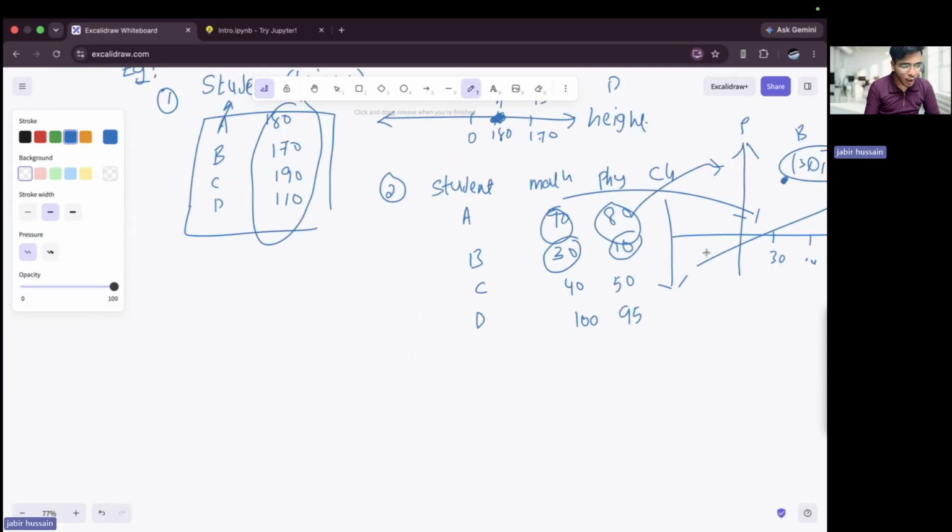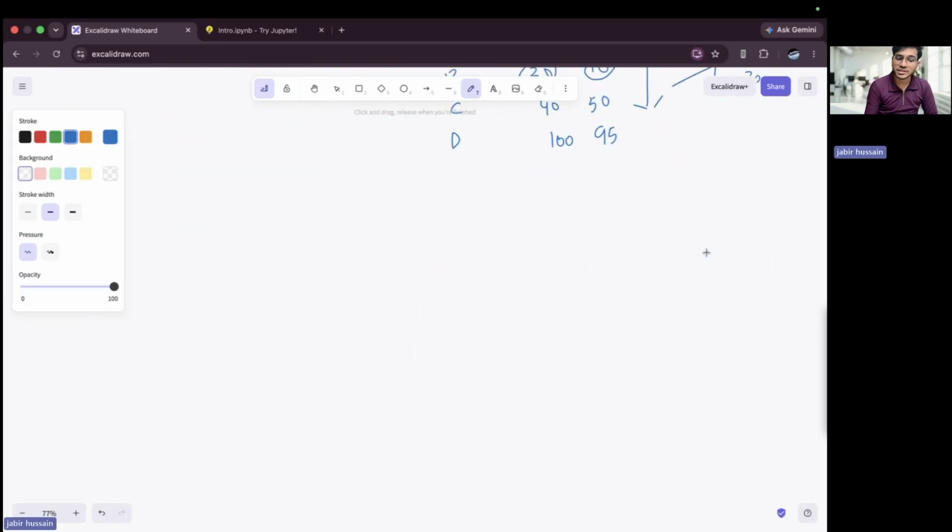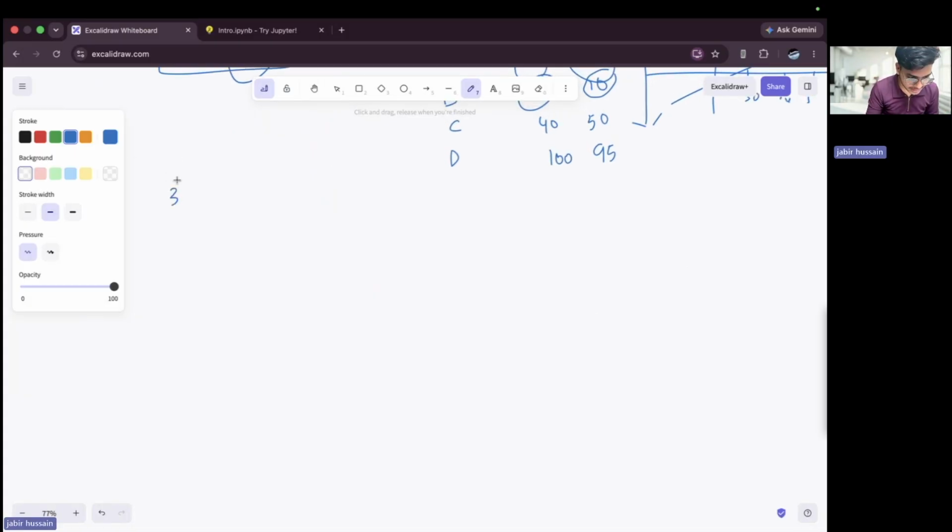Now I want you to imagine a new example. Let's say a student is in BTech. How many exams do we have in BTech? If you take 8 per semester, then with 8 semesters, that's 64.